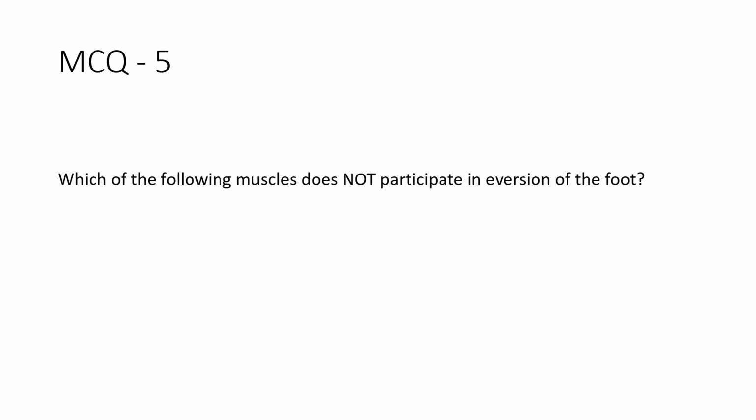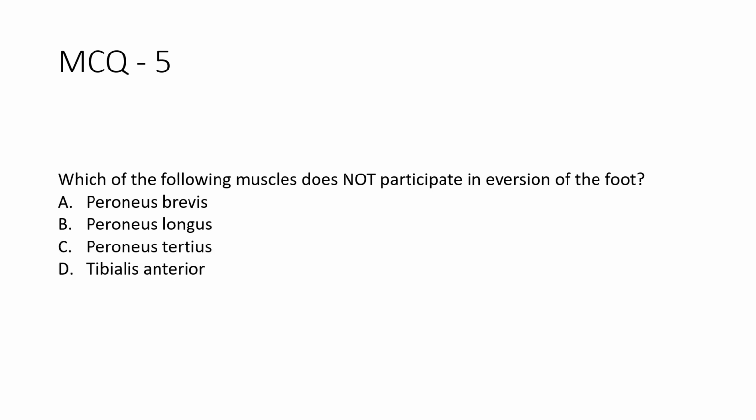Now let us see the last MCQ and close this topic. Which of the following muscles does not participate in eversion of the foot? Think of the muscles that cause inversion and eversion. Which of the muscles among the four is not participating? Peroneus brevis, peroneus longus, peroneus tertius, tibialis anterior. Which one is not participating?